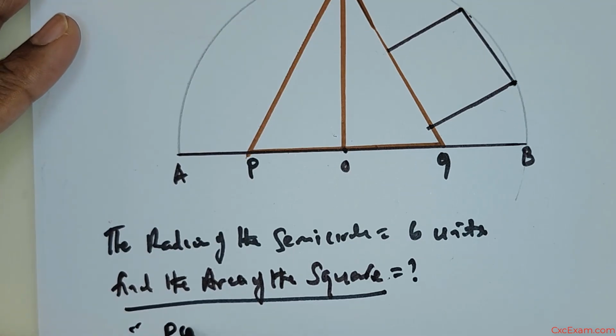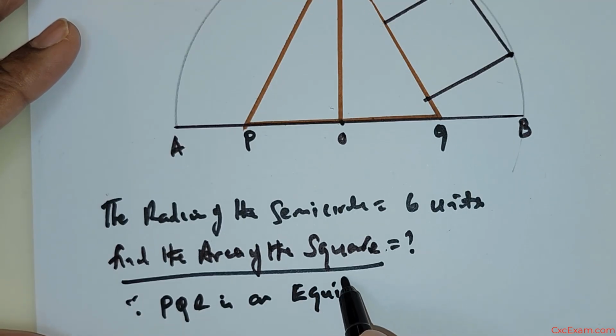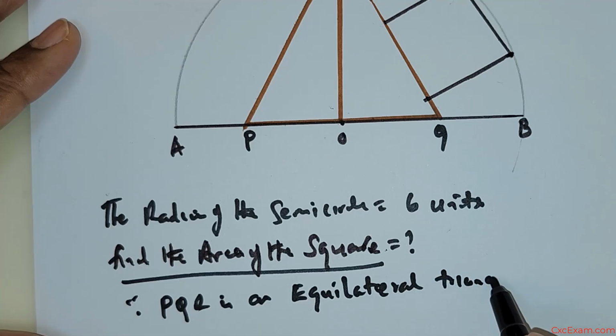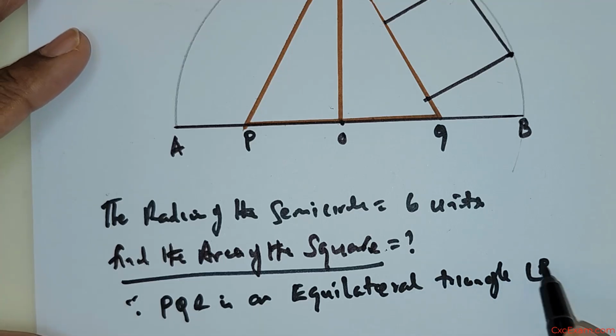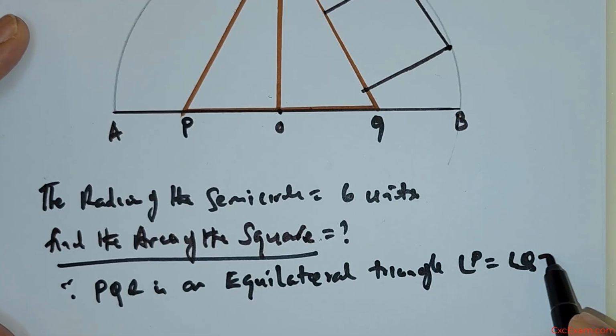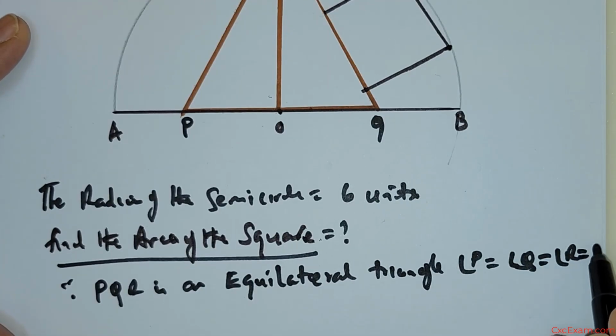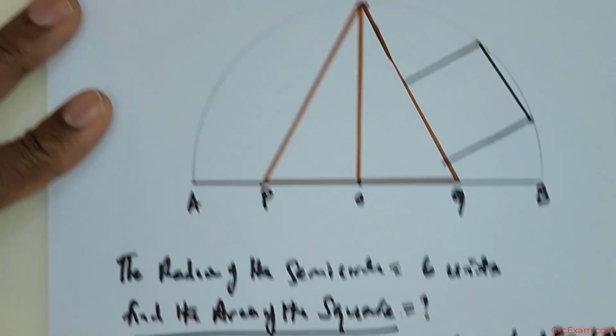Now since PQR is an equilateral triangle, angle P will be equal to angle Q will be equal to angle R is equal to 60 degrees.